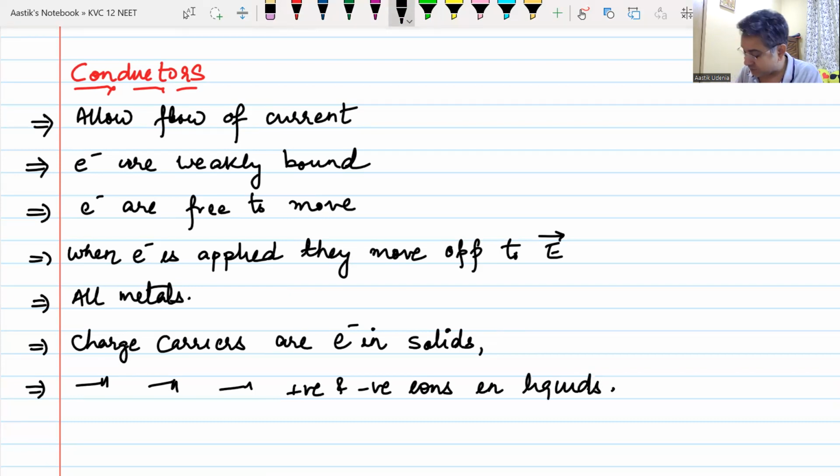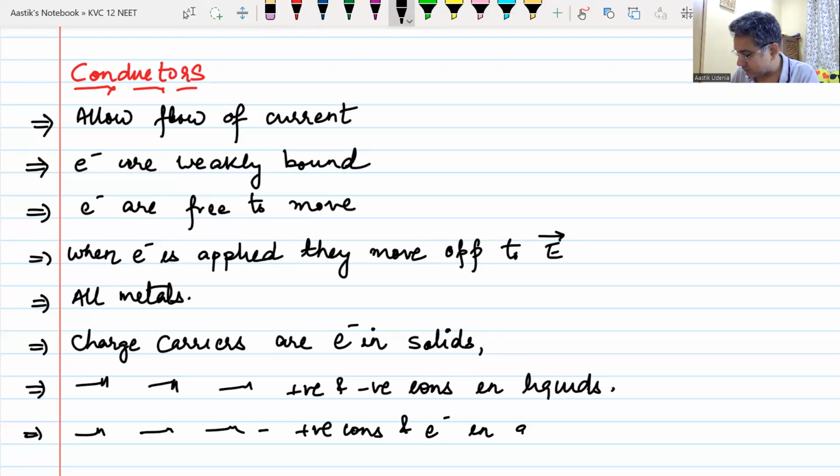This might come as a question. And charge carriers are positive ions and electrons in gases. Now, gases and liquids are not conductors, but they can allow some current to flow, and it is because of the flow of positive ions and free electrons.